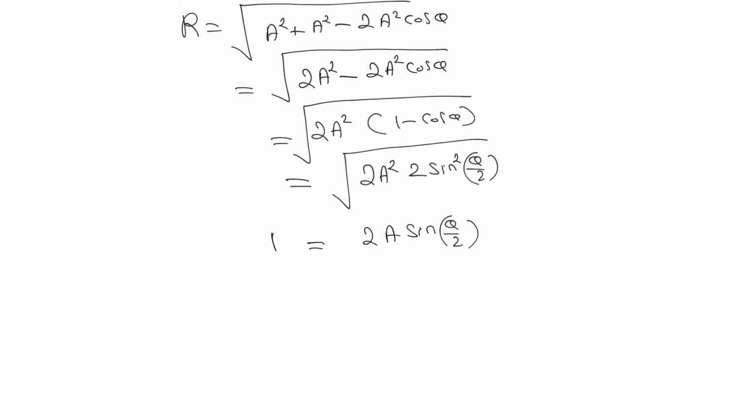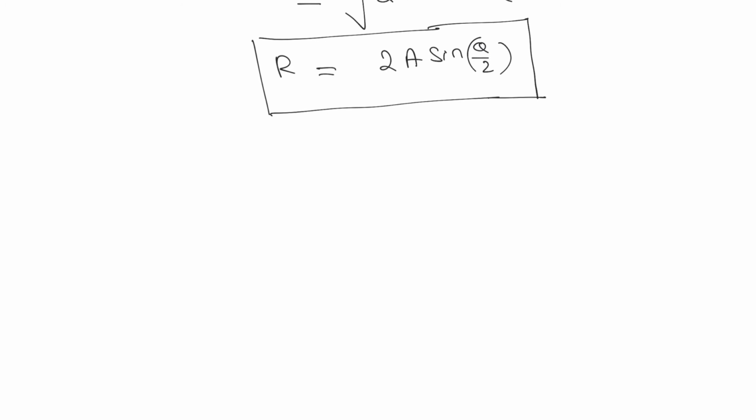So when two vectors have the same magnitude, we can find a vector minus a vector using 2a sine theta by 2. Remember that for addition we use 2a cos theta by 2, and for subtraction we use 2a sine theta by 2. Now here also we can find the different cases.